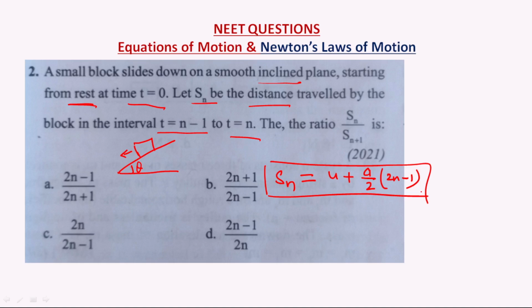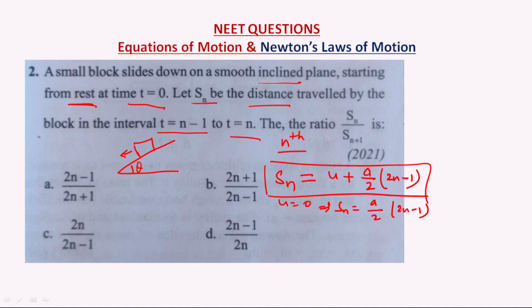I am talking about the nth second, not n squared. So if in the nth second Sn is equal to u plus a by 2 (2n minus 1), again u is equal to 0. So this gives Sn is equal to a by 2 (2n minus 1).